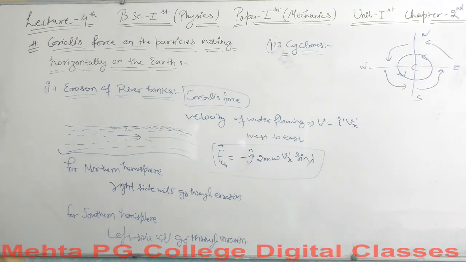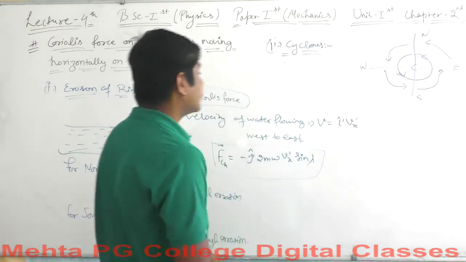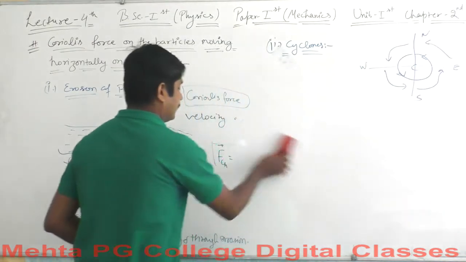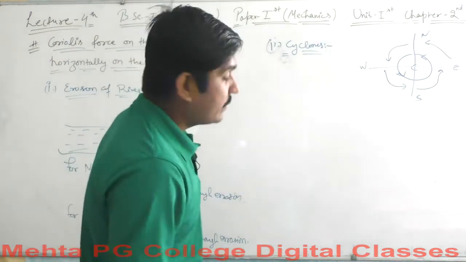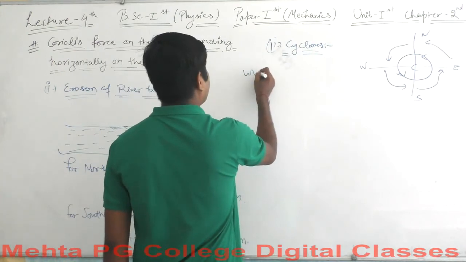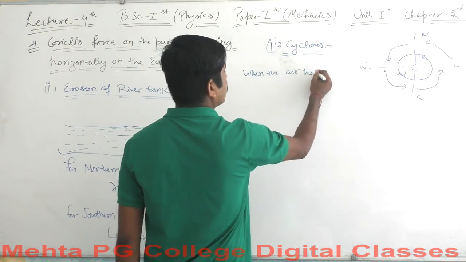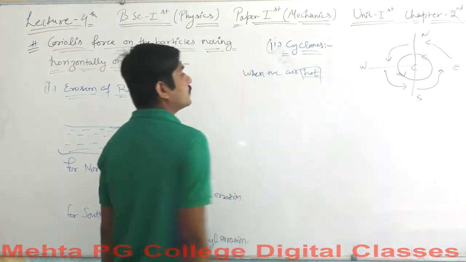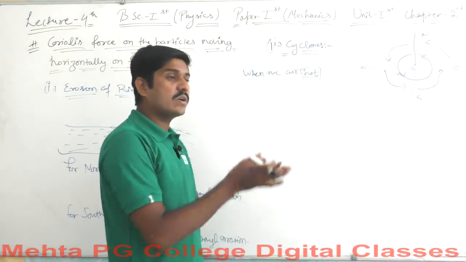Okay, but we will explain these cyclones on the basis of Coriolis force. According to the Coriolis force, let's say these are the air particles somewhere, and what happens when the air particles become hot? When the air becomes hot, it will rise up from the ground, it will leave the ground and keep on going upward.